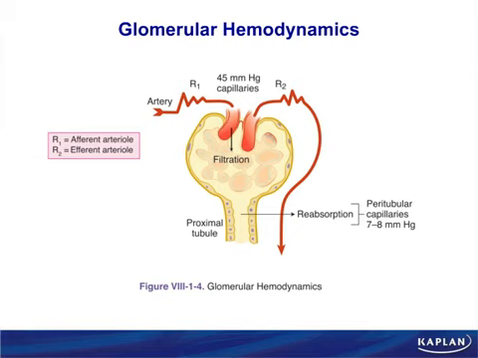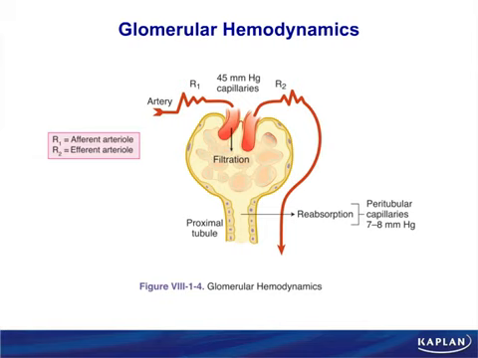One way they can increase GFR is by vasodilating the afferent arterioles, because that will increase the glomerular capillary hydrostatic pressure. What you can also do is vasoconstrict the efferent arterioles. That is increasing resistance at R2. If you increase resistance at R2, you will increase the upstream pressure, which is the glomerular capillary hydrostatic pressure.